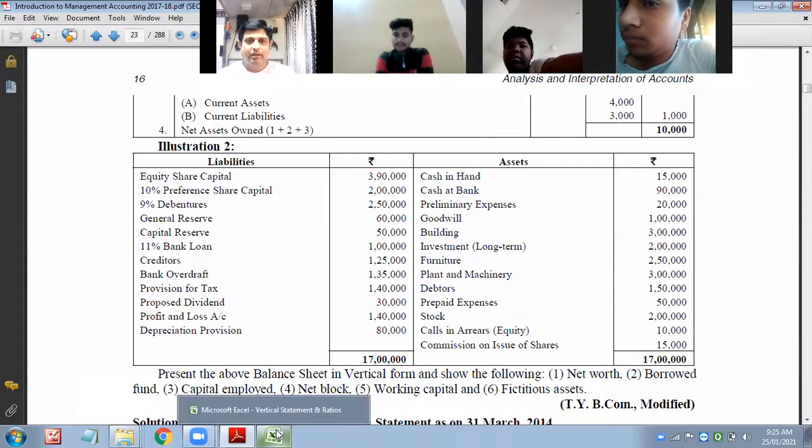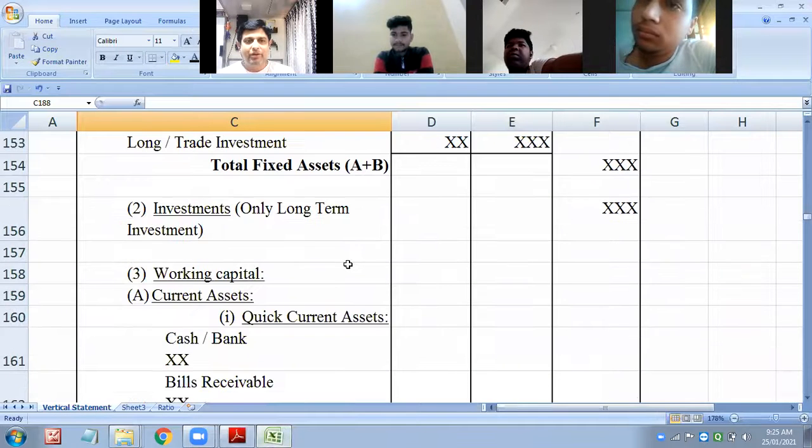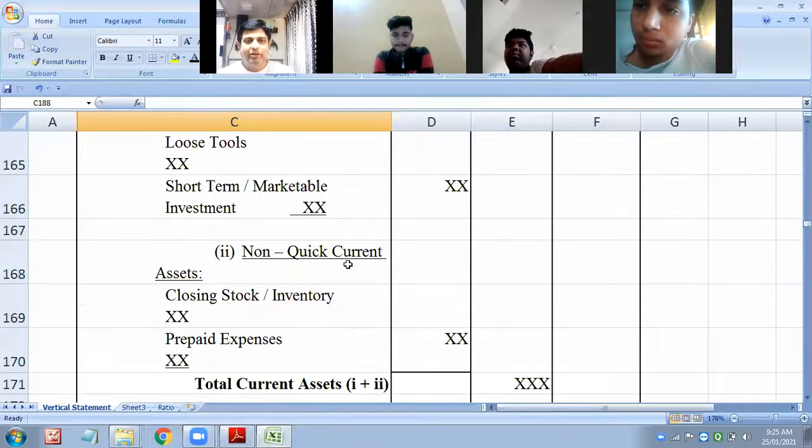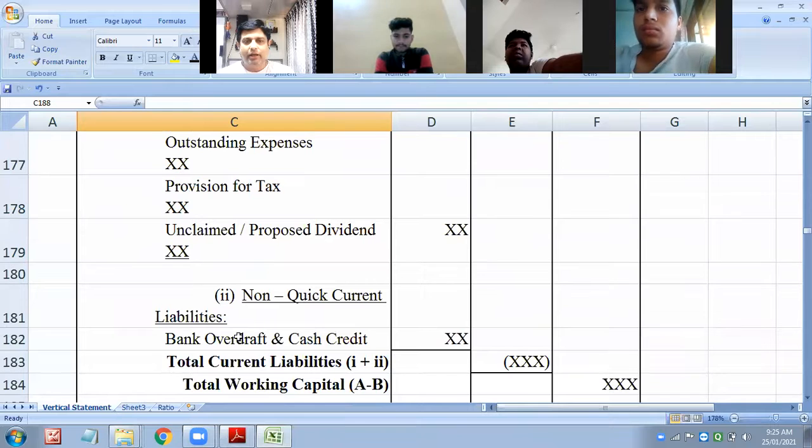Stock, current asset, non-quick. You have to be very vigilant. There are only two non-quick current assets, which are stock and prepaid expense. And there are only two non-quick current liabilities, which are bank overdraft and cash credit.